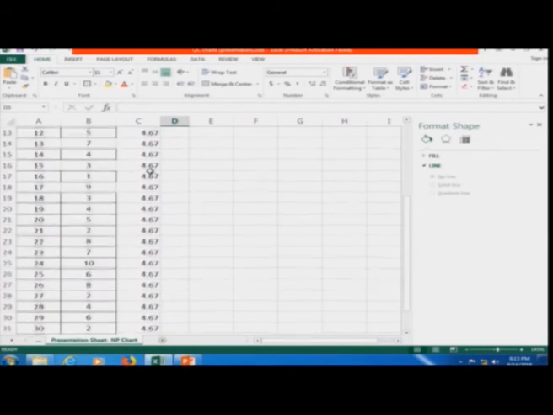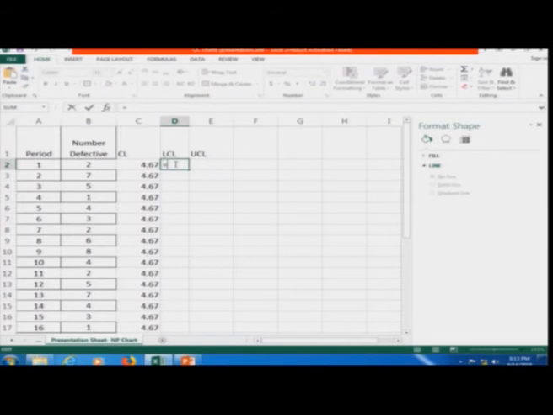So we have obtained the center line, and the lower control limit is equal to NP bar. I will put these values directly this time. NP bar value is 4.67, NP bar minus 3 times the square root of NP bar, which is 4.67, into 1 minus P bar. 1 minus P bar would be NP bar by N. NP bar is 4.67 divided by N. The value of N is 100.